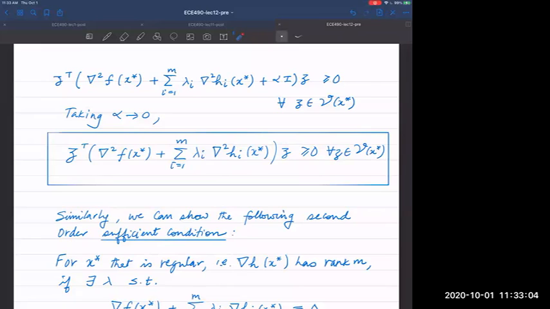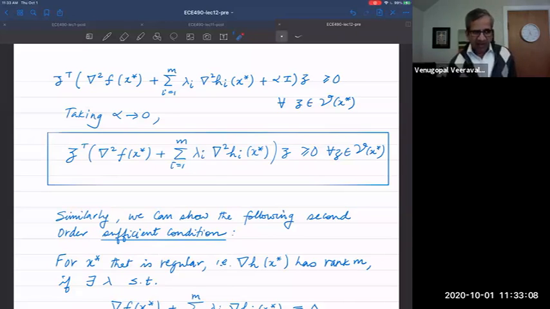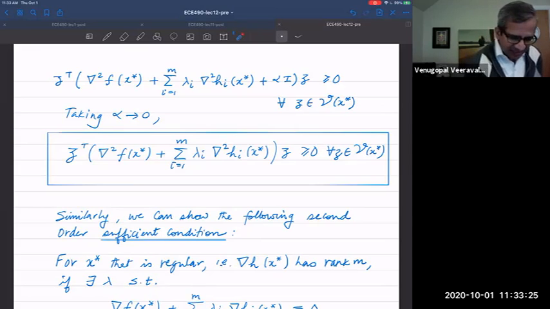Okay. What's the meaning of the V of x star again? So V of x star is basically all the z's. z belonging to V of x star means that z is orthogonal to all the gradients of hi's. Or you can think of V of x star, as we said in the last class, as all the first order feasible directions that you can take from x star.